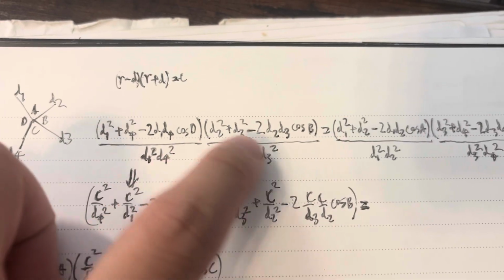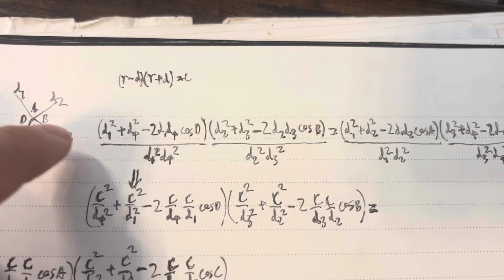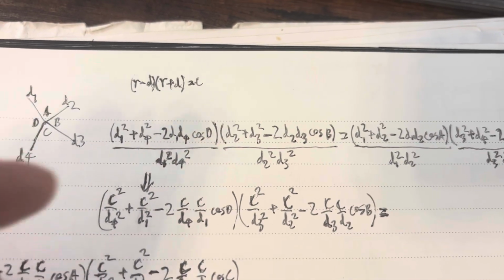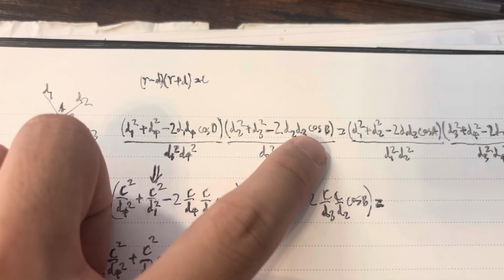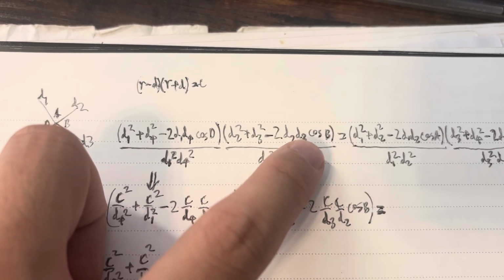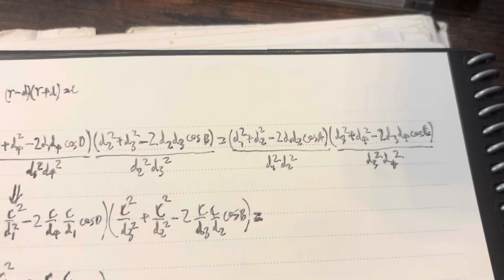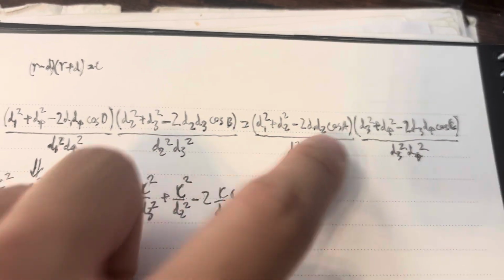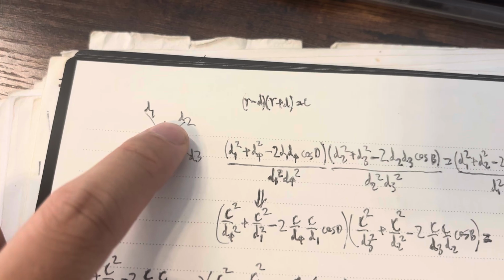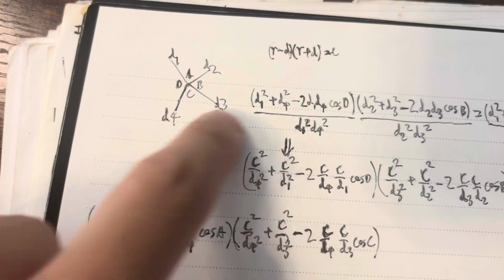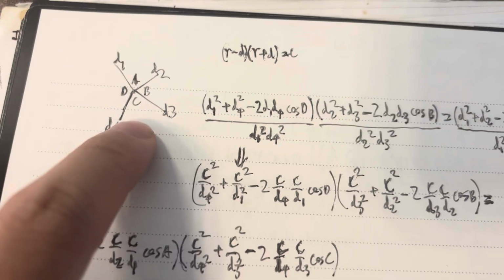And similarly this one, d2 squared plus d3 squared, etc., is the right side of the square squared. And then similarly, this one is the top side of the square squared, and this one is the bottom side of the square squared.